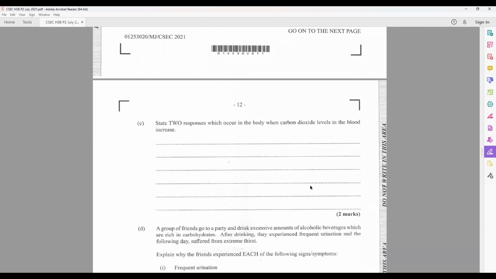State 2 responses which occur in the body when carbon dioxide levels in the blood increase. If carbon dioxide has gone up, it means something has happened to your breathing. So hyperventilation is in place many times. That's where you breathe with plenty of quick, short breaths.